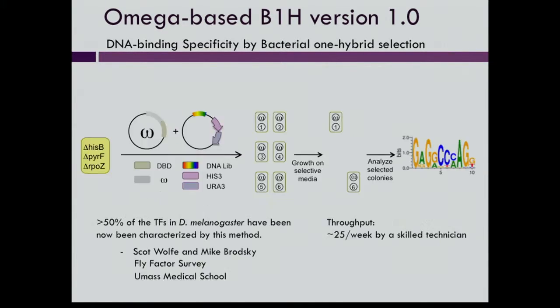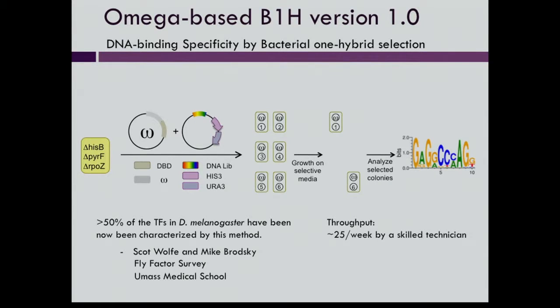Now, in practice, what we do is we transform 2 plasmids into our cell line, and we're doing this in such a way that a single member of your library will get into each cell. So the cell purely functions as a compartment. It's compartmentalizing a single member of your library with the protein that you're interested in. If that's a compatible interaction, the cell will survive under selective conditions.